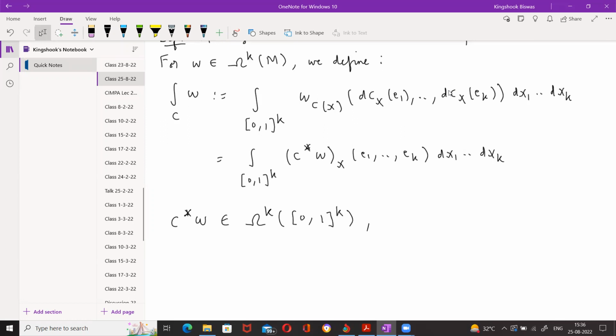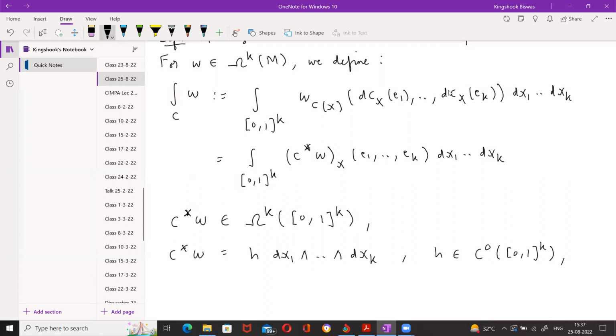So c star omega is equal to some function h times dx1 wedge ... wedge dxk, where h is a continuous function on the unit cube.